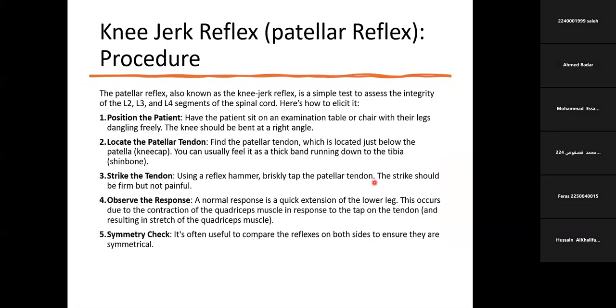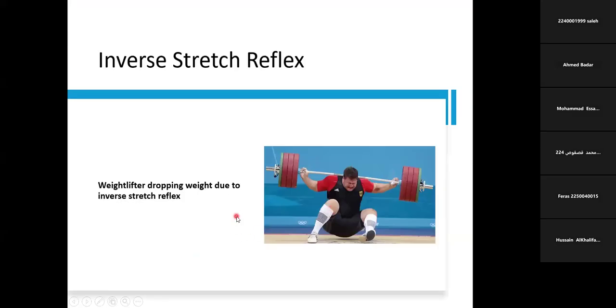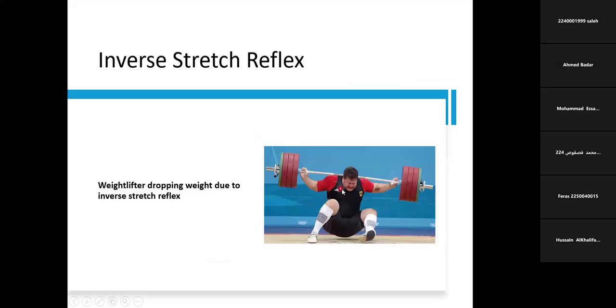It is a different receptor. Remember, there the receptor was the muscle spindle. Now for this reflex, the muscle spindle is not the receptor. The receptor is the Golgi tendon organ. And I'll come back to this slide in a minute, inshallah. Anyway, immediately the muscle stopped functioning.